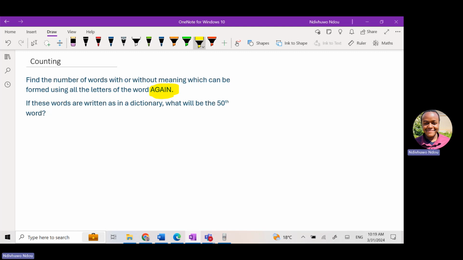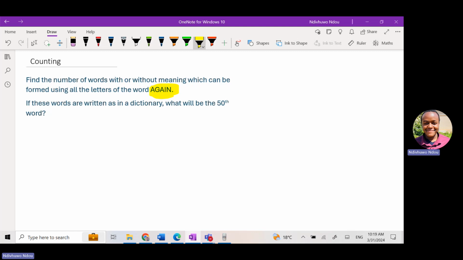The second question says, if these words are written as in a dictionary, in this case, order matters, and it's sort of in alphabetical way, what would be the 50th word? Quite an interesting question. Let's start with the first one.